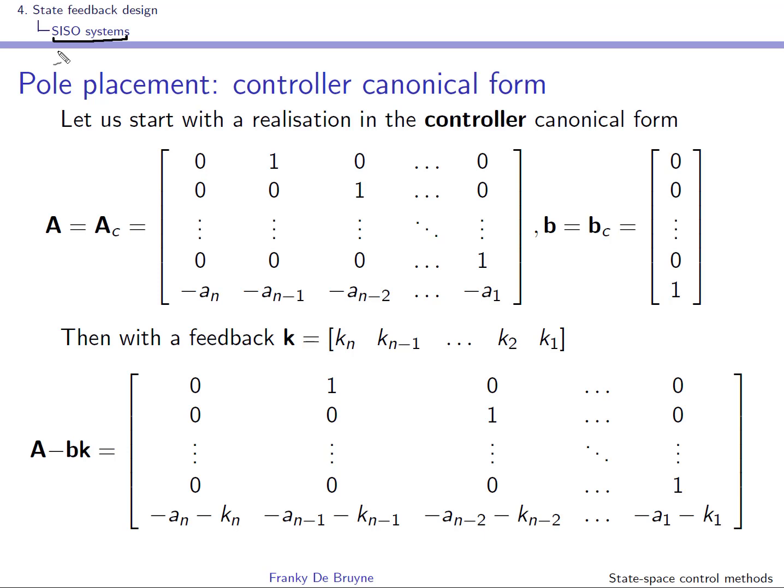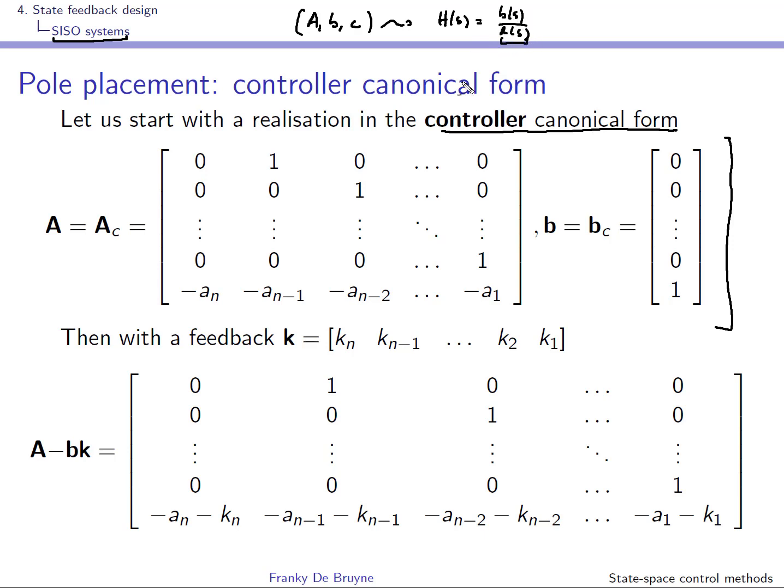So we'll assume here that the system is in controller canonical form, and this is a form that we've seen previously. If you're given a realization A, B, C, and we'll assume that D is 0 here, you can compute H(s) equal to B(s) over A(s).